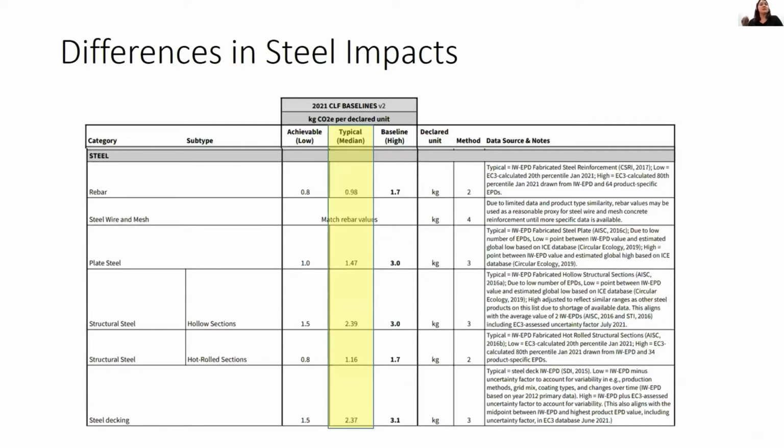Now, it's important to note that these are typically based off North American baselines, and there can be differences. I think the Nucor team is going to talk about how most of their plants are EAF, so their hollow sections are not going to be the same as these hollow sections here, a lot of which are based off BOF furnaces.